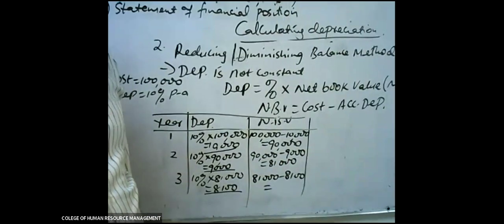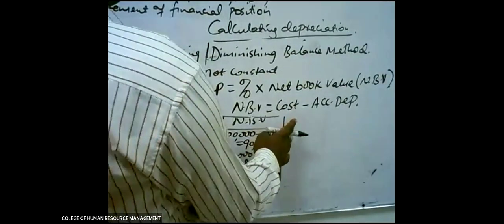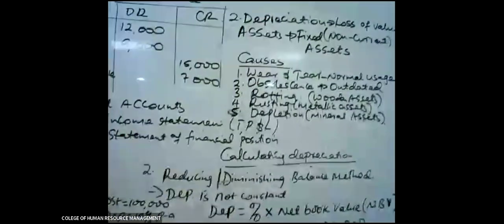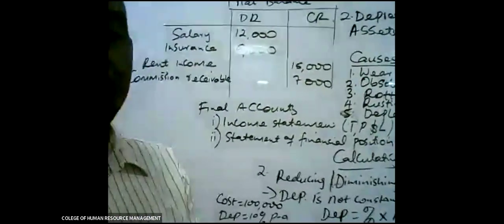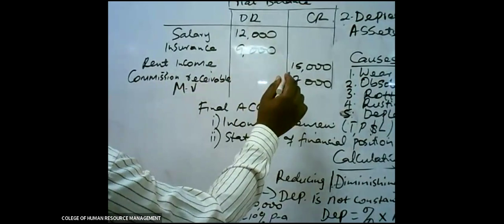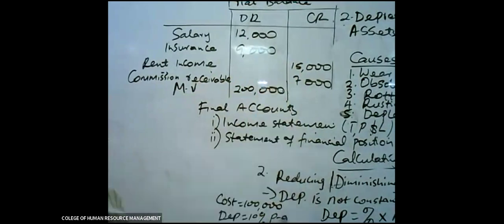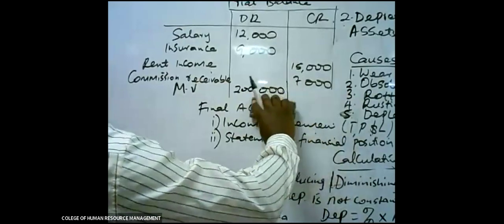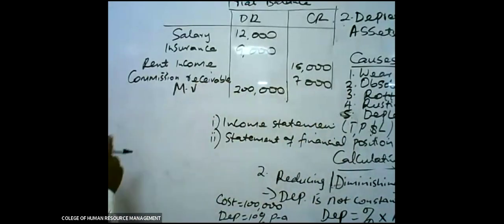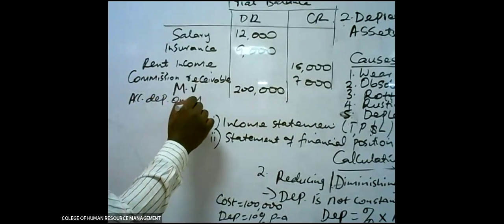So when a question is presented in this method, you will be given the trial balance, something like this. You will be told there is a motor vehicle, and maybe the motor vehicle is an asset, maybe it is 200,000. They will give you that. And on the same note, they will also provide accumulated depreciation on motor vehicle.